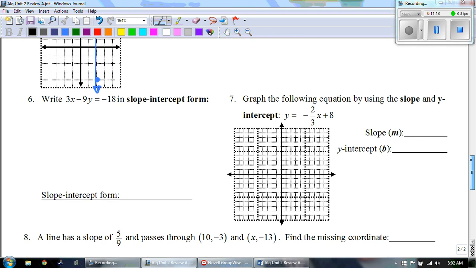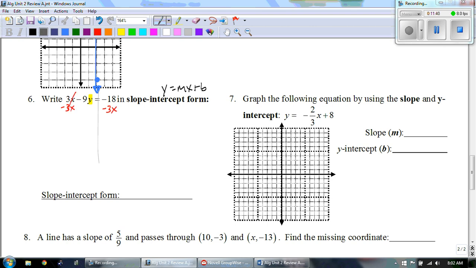All right, 6. Write 3x minus 9y equals -18 in slope-intercept form. Remember that slope-intercept form is y equals mx plus b. So I need to solve for y. To solve for y, I'm going to subtract the 3x to the other side.